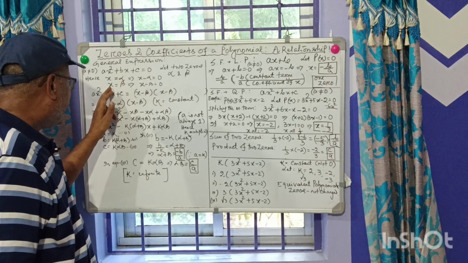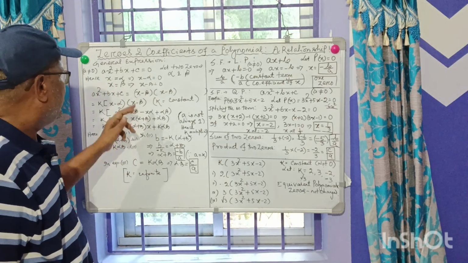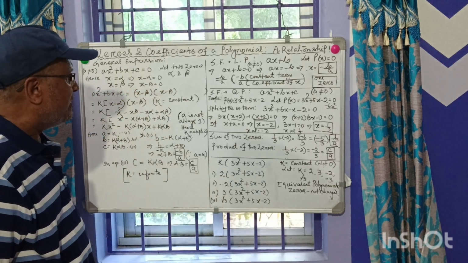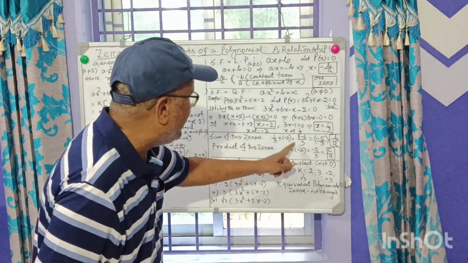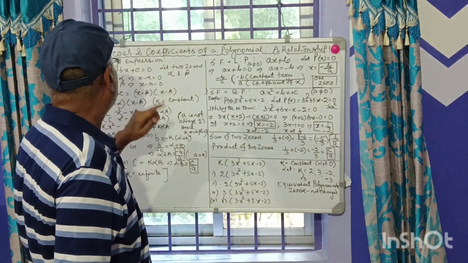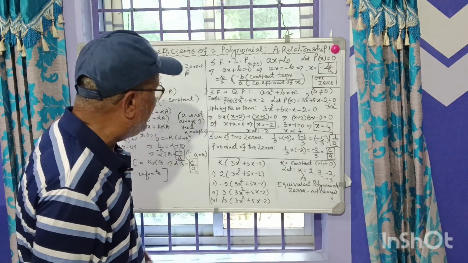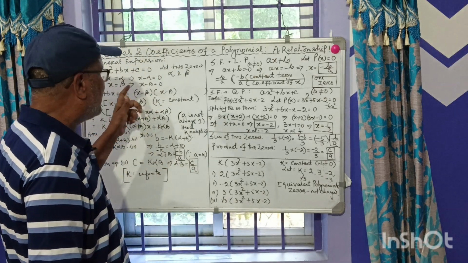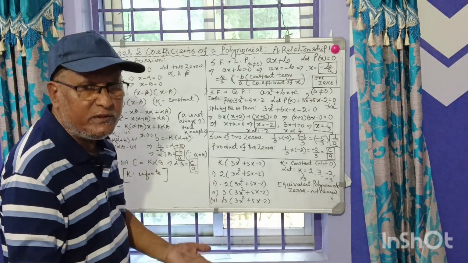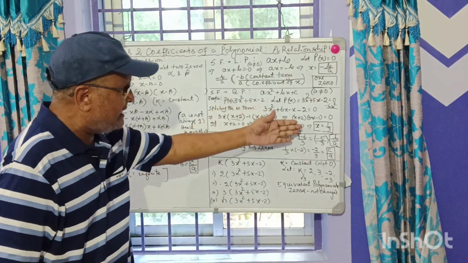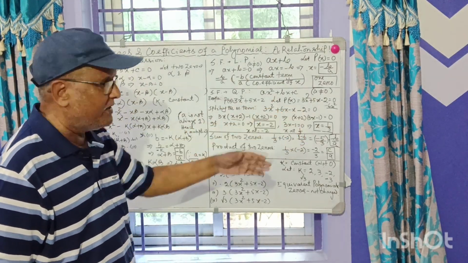And if x is equal to beta, then x - beta is equal to 0. Simply, if x is equal to -2, then x + 2 will be 0, and if x is equal to 1/3, then x - 1/3 will be 0. These are examples we have derived here.